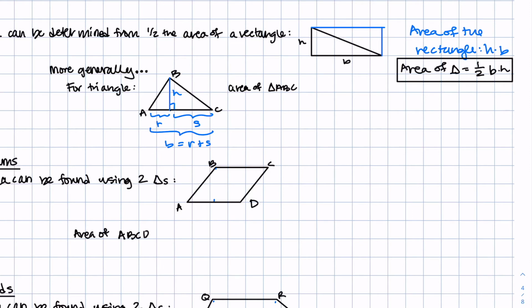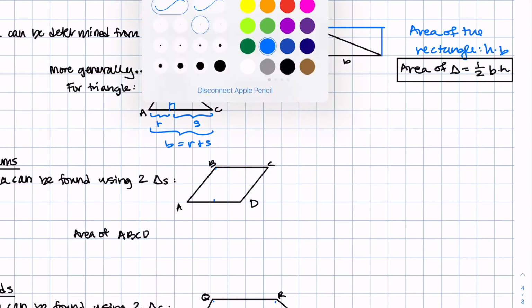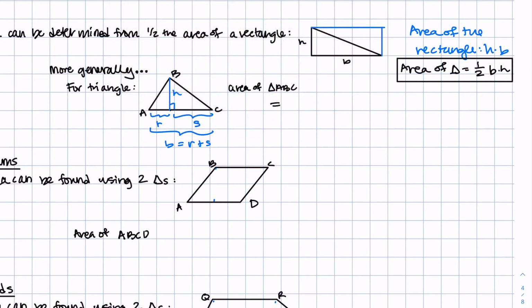So the area of my triangle ABC is going to be, well, I already know the formula works out for these right triangles.